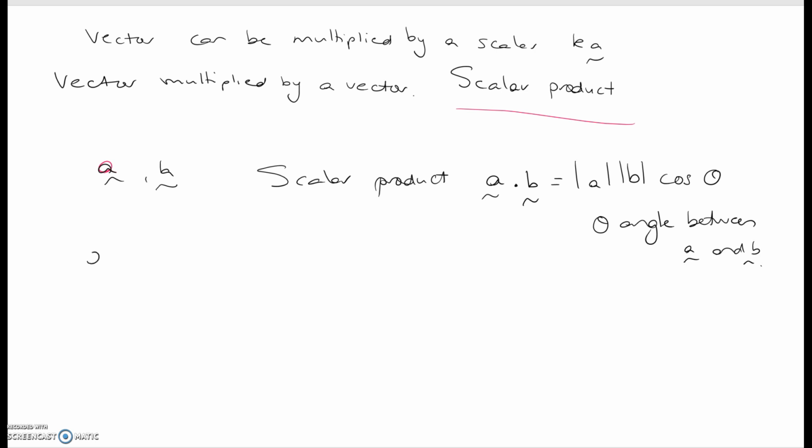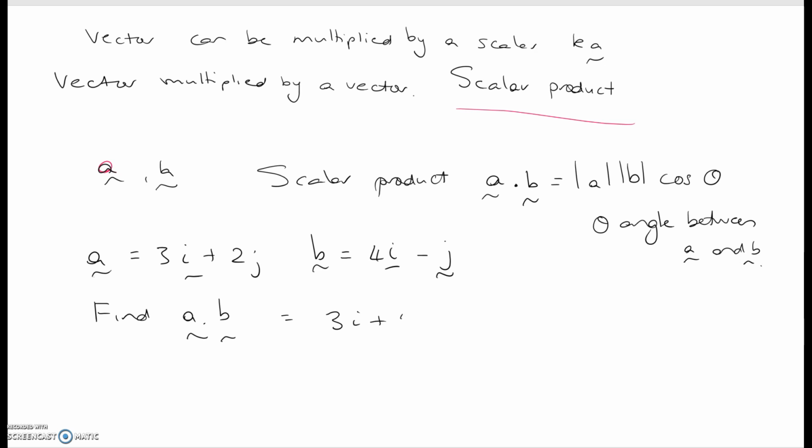So let's look at an example. Suppose a equals 3i plus 2j and b equals 4i minus j. Find a dot b. So it's going to be 3i plus 2j dotted with 4i minus j, which is using FOIL, which you've done in maths.